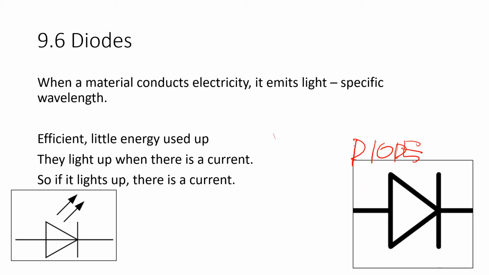However, the one on the left is a light emitting diode, an LED, because that is the thing that's emitting the light. The one on the right hand side is the diode, and it is made of a semiconductor.